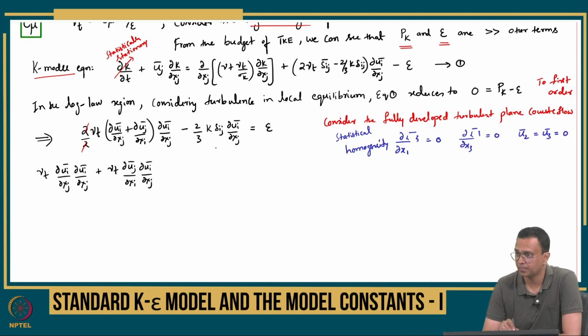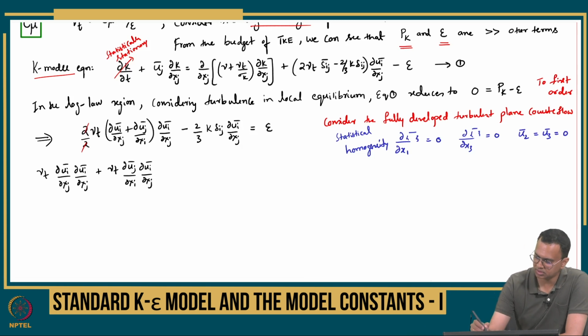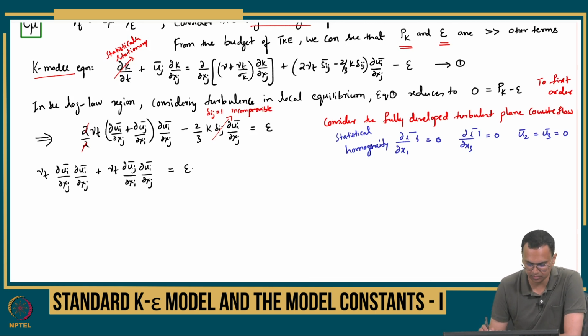This particular term exists only when δij is 1. When δij is 1, what will happen to ∂ui bar/∂xj? 0, incompressible flow, right? So this term goes away. So I get only this consideration here on the left hand side.